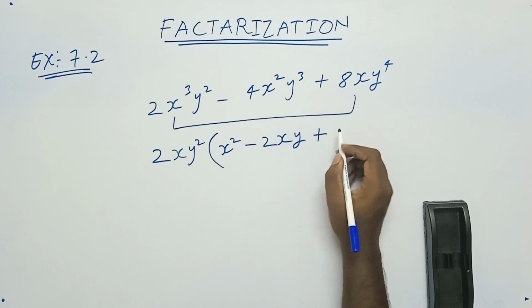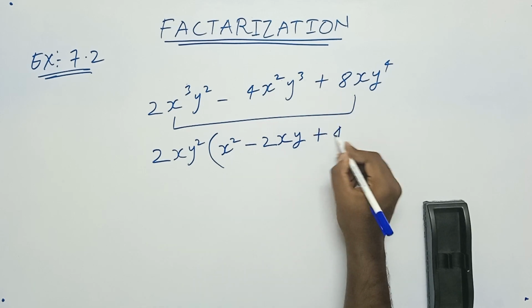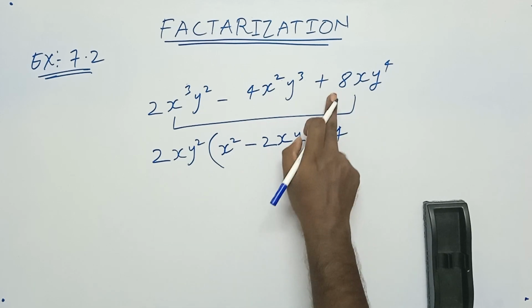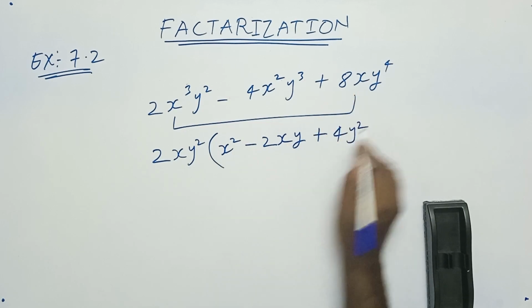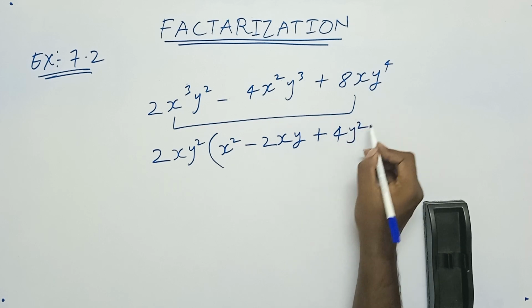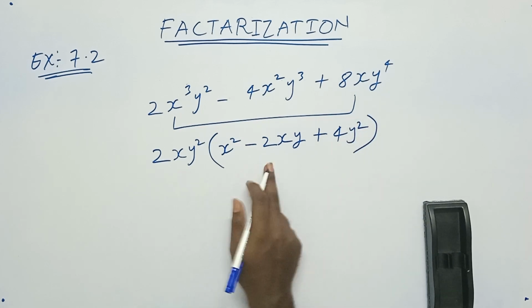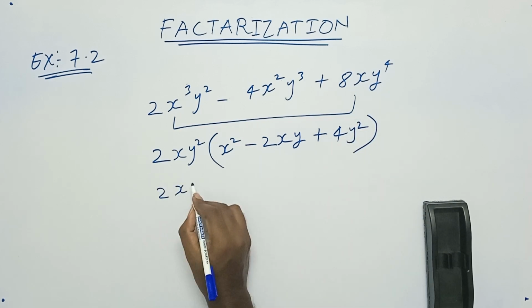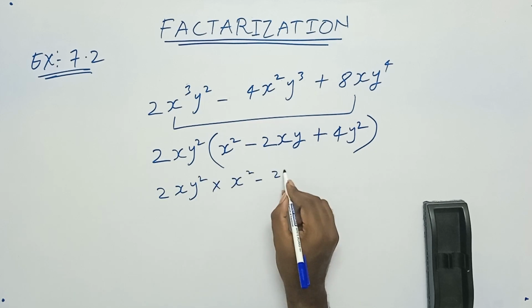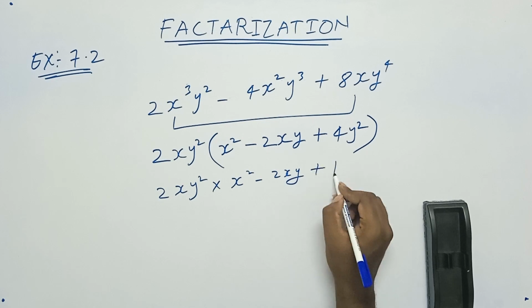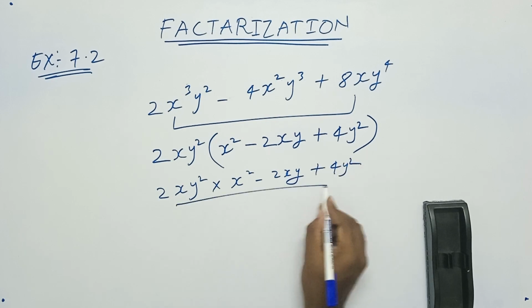So 2 4s are 8. X into 1 is x. Y square into y square is y power 4. So now we got the product of two factors. So 2xy square into x square minus 2xy plus 4y square are the product of two factors.